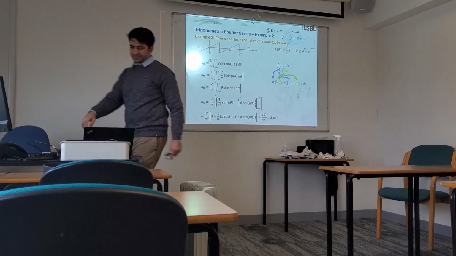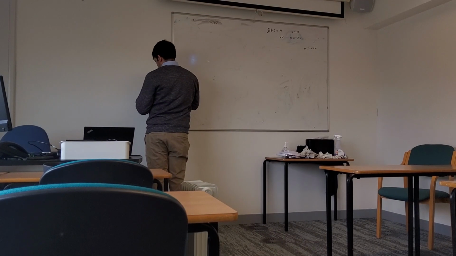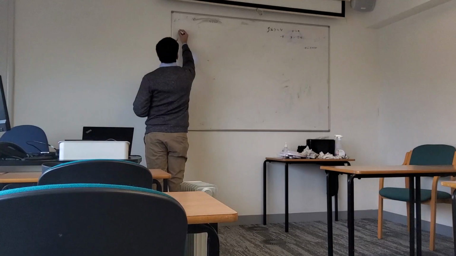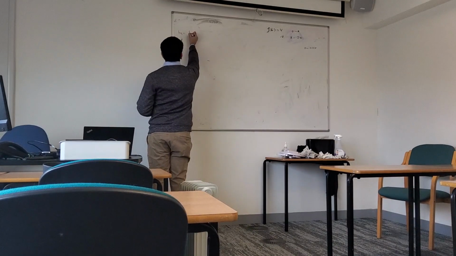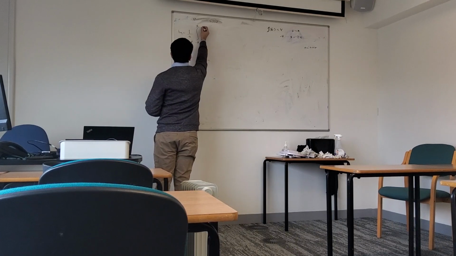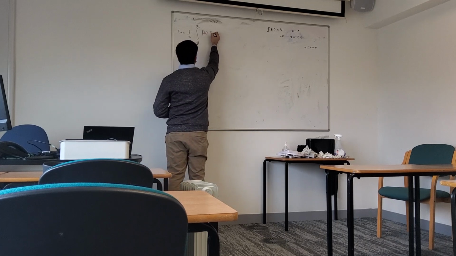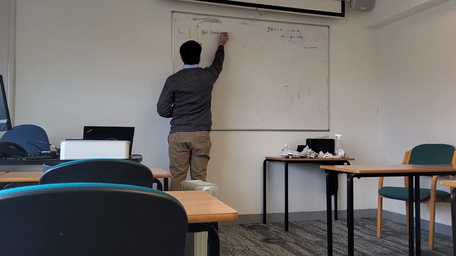So let's solve it. You have b n. What is the formula for b n? 1 over pi, integral from minus pi to pi, f of theta sine n theta d theta.